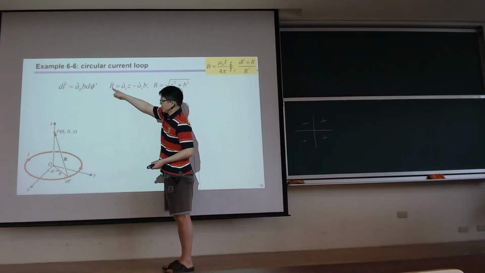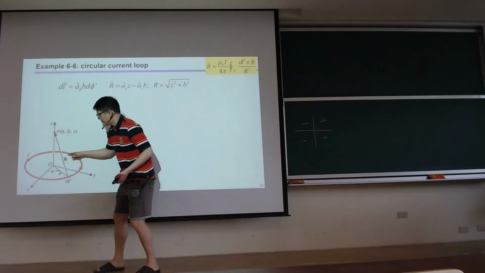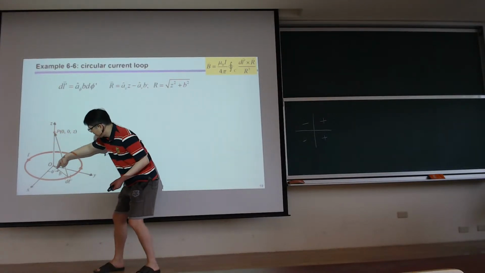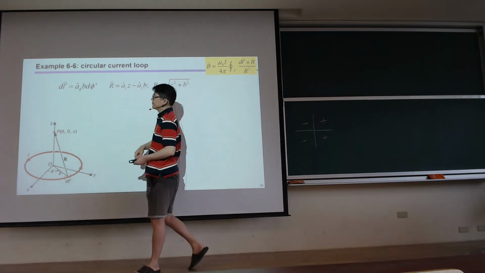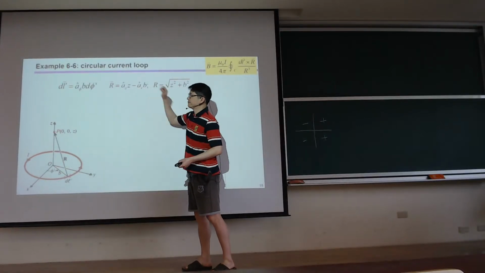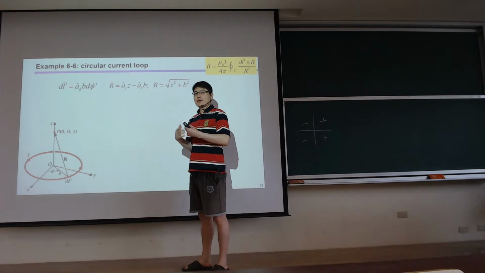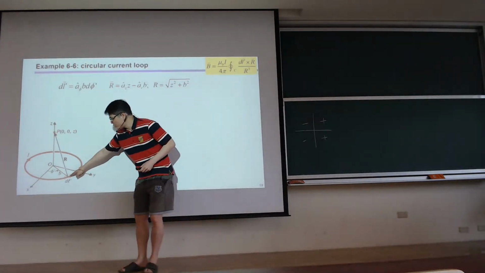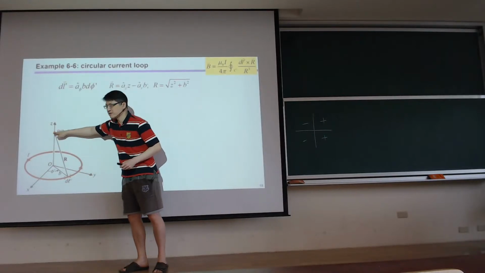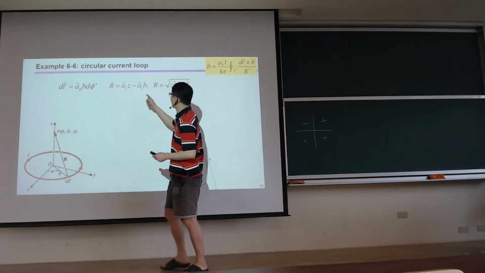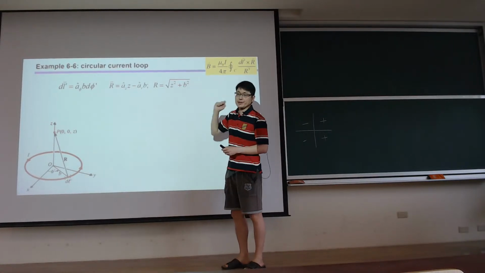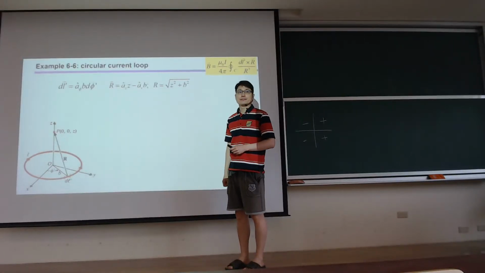My distance vector, capitalized R vector, is therefore z vector minus my b vector. Therefore, the magnitude, the distance of each differential segment to my observation point, is the square root of z squared plus b squared.